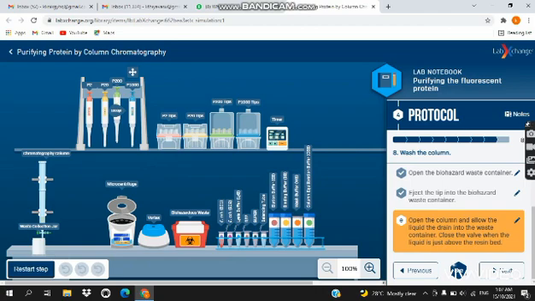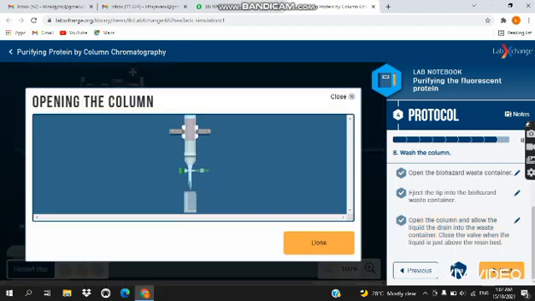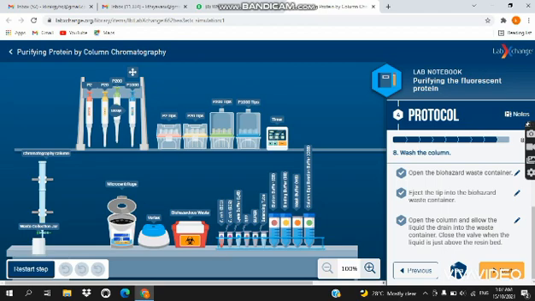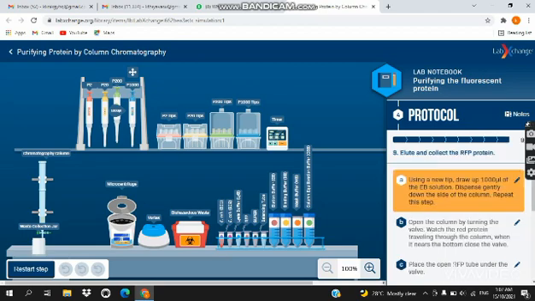And open the column to drain to the waste, and close the valve while the liquid is just above the resin bed. Once done, move to the next step.